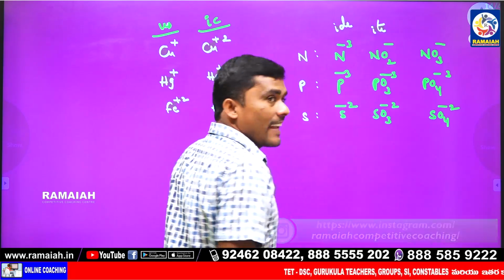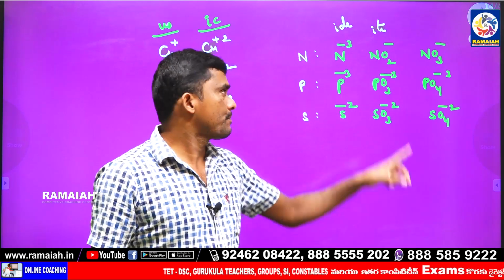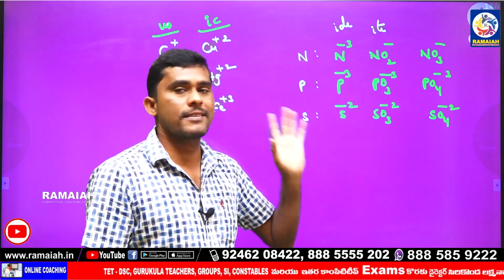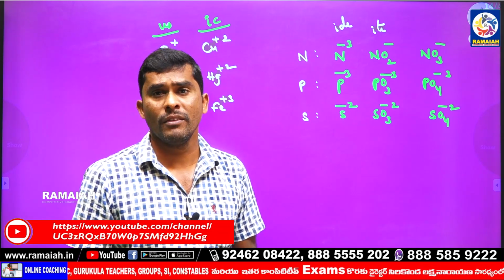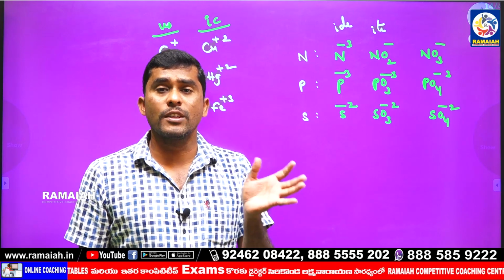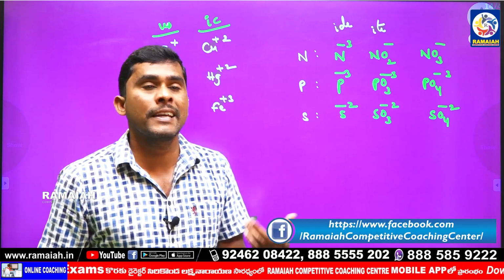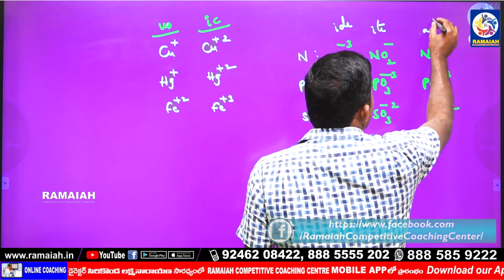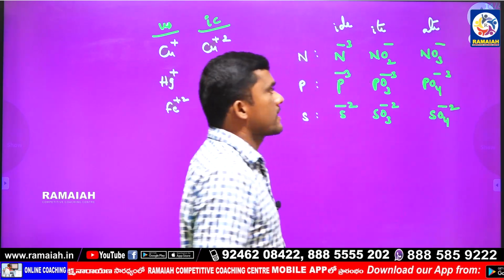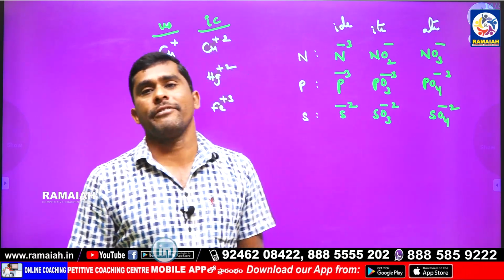So nitrite, phosphite, and sulfite. When an ion has a negative charge and more oxygen atoms, that is called -ate. So it is called nitrate, phosphate, sulfate.